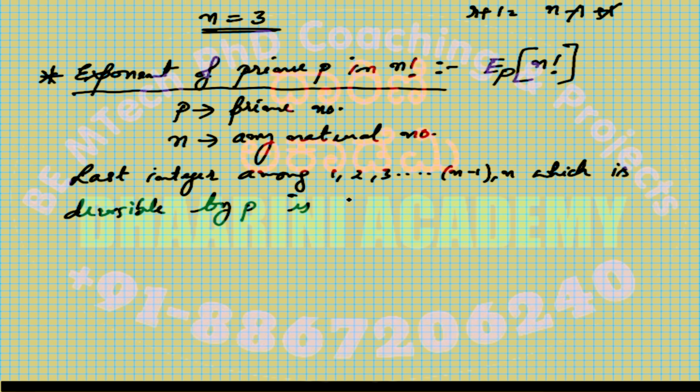I have to perform n by p, and I should multiply that by p.